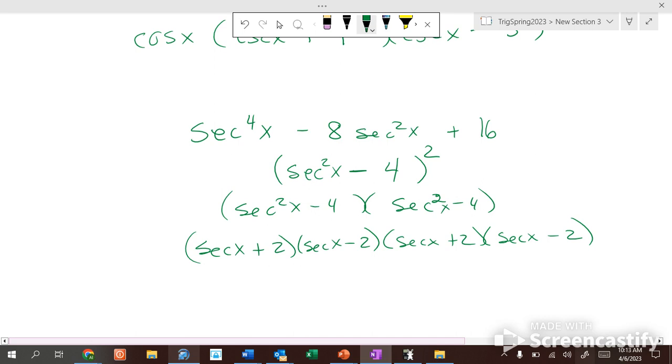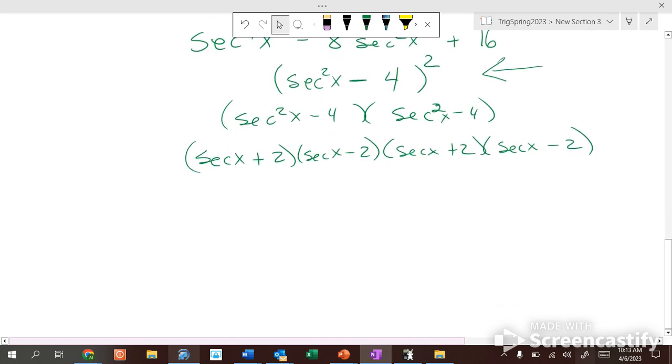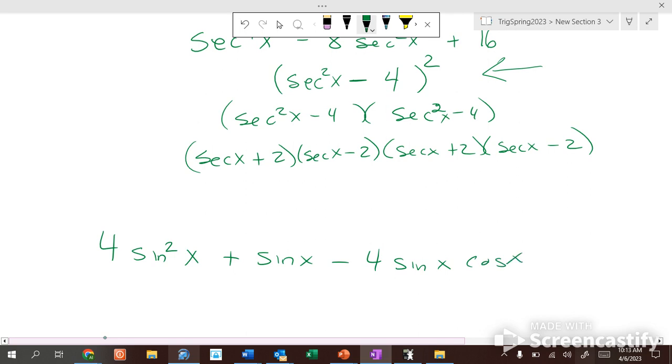So you'll have one where you only have to do one step, but then you'll have a second one where you have to do the extra step. Okay. Last thing. When you have 4 terms, such as 4 sine squared of x plus sine of x minus 4 sine of x cosine of x minus cosine of x.